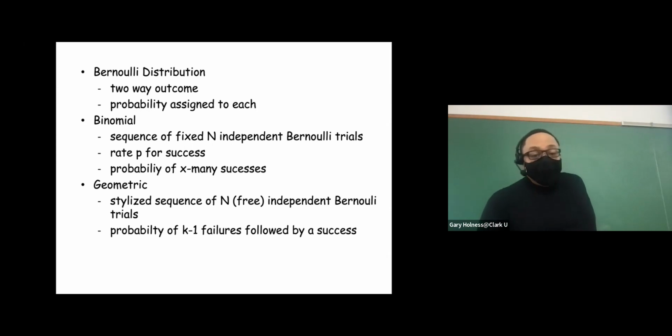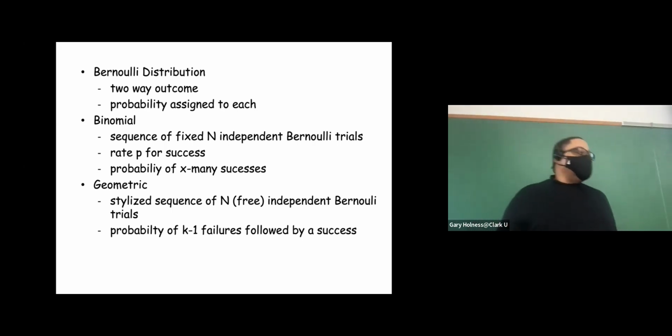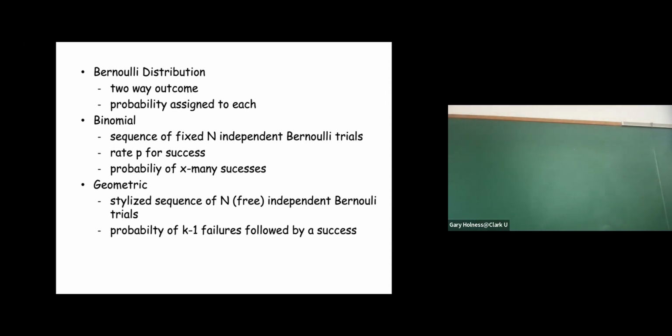No? All right. So then we also talked about the binomial, and the binomial talks about a sequence of these two-way outcomes, a sequence of n independent Bernoulli trials. That independent part is very important because it means that for any trial, the outcome does not impact the outcome of any other trial among the n many of them. If you had, for example, two different coins, and let's say one coin was 50-50 heads, tails, and the other was 60-40 heads, tails.